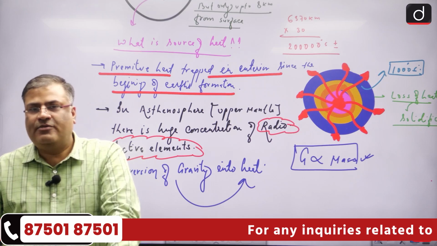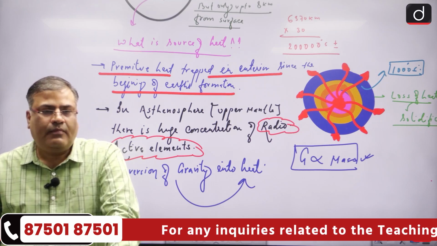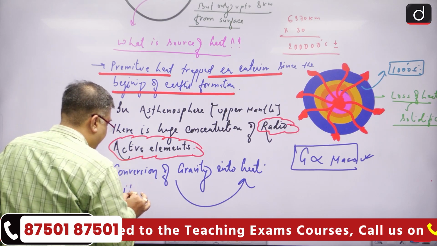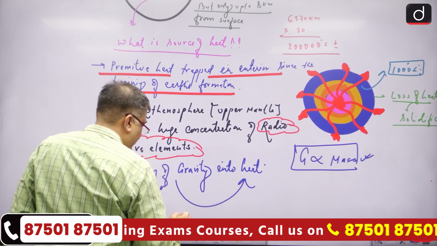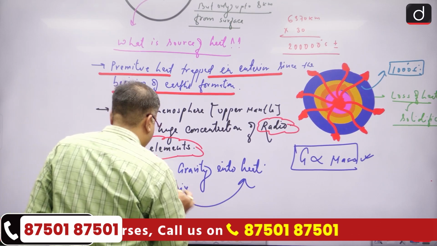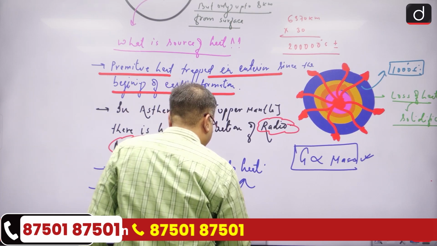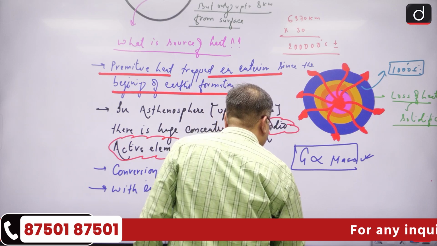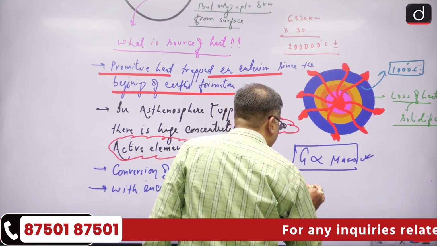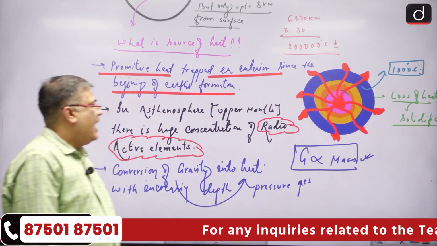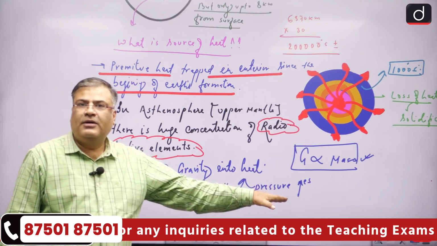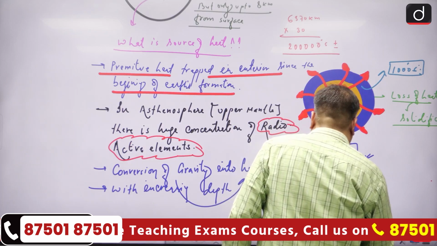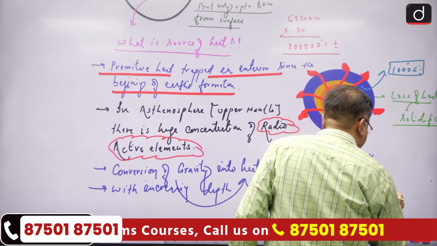I hope it is very simple, very easy. We can further explain that with increasing depth, pressure increases. And this increase in pressure is responsible for the increase in temperature.